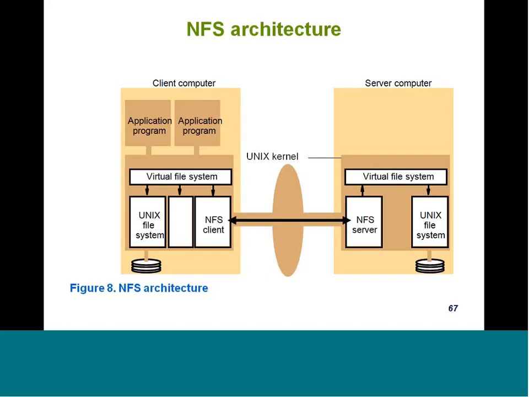The virtual file system understands whether it's part of the local files, the Unix file system, or a remote file. In that case, it mounts those files as a remote file, communicates through the network to the NFS server on the server computer, and then gets that data back into the application program.